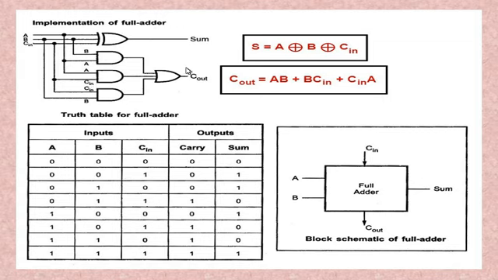And by adding, as there is a plus sign, therefore we need OR gate. So all the outputs of these three AND gates are given to this OR gate. And thus this OR gate gives the equation C out is equal to AB plus B C in plus C in A.